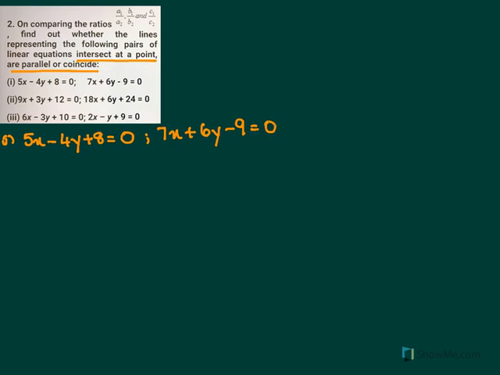Now we've got to pick up our a1, a2 and b1, b2. So this will be our a1, this will be a2, this will be the coefficient b1, this will be b2, and in the end this will be c1 and this will be c2. So let's write it out.